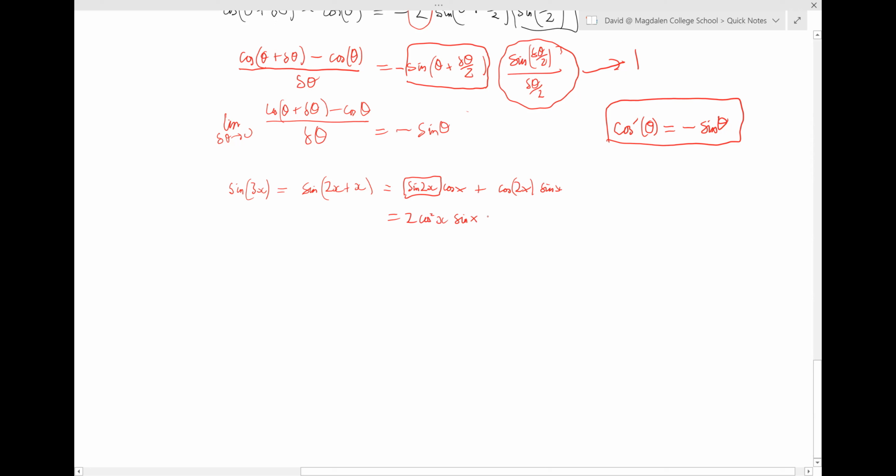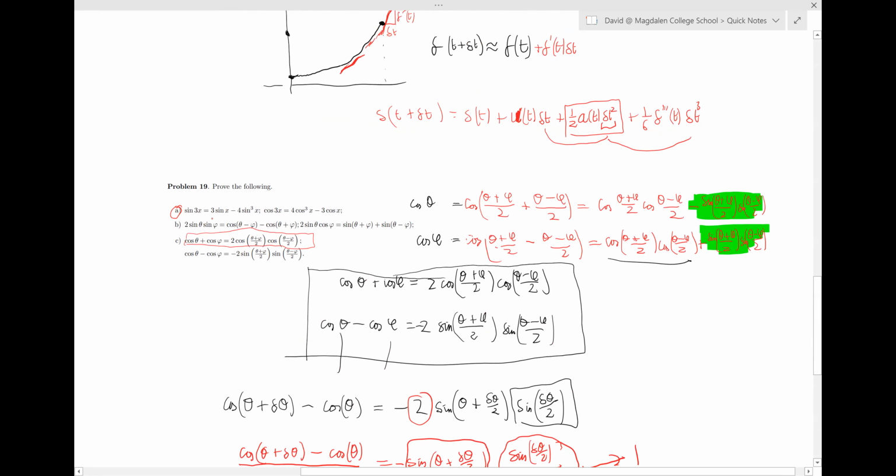Cos 2x, I'll do it this way, is 2 cos squared x minus 1. So this gives me 4 cos squared x sine x minus sine x. But if I look at what they were trying to get me to prove, everything on the right just had sines in it.